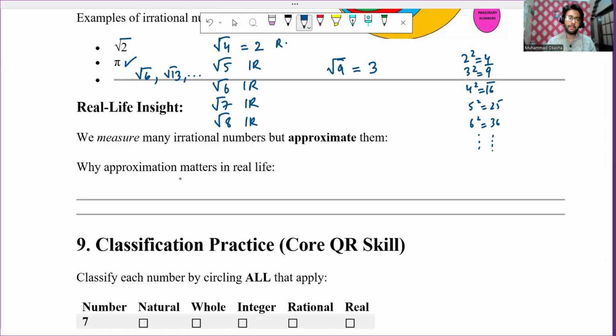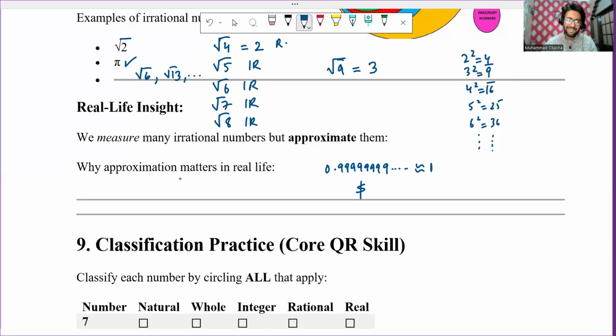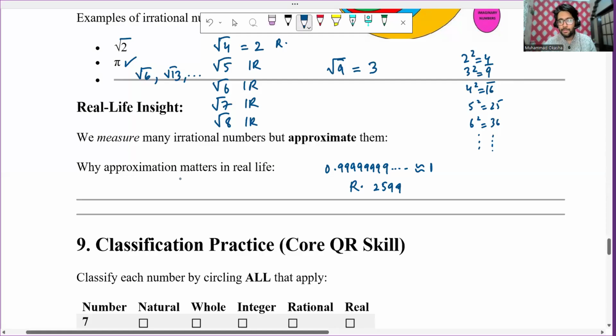For example, if you have something like 0.999999999, it just keeps going on, right? Instead of writing all of that, you could just write 1. That's not the exact value, but that's an approximation. For example, if you go to a superstore, or you watch an ad on your mobile phone, it says on sale, Audionic Soundmaster earbuds, the best in town, and only 2599 rupees.